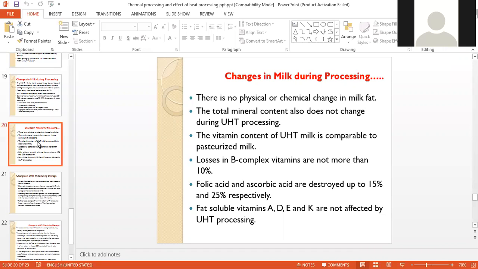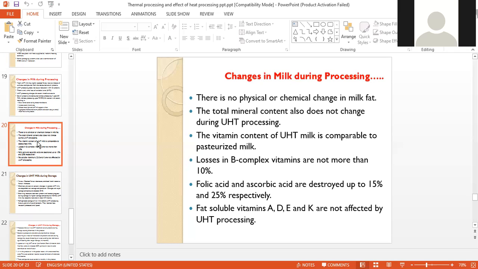Loss of vitamin B complex is reported to be not more than 10% in UST milk, and folic acid and ascorbic acid are destroyed up to 15% and 25% respectively.